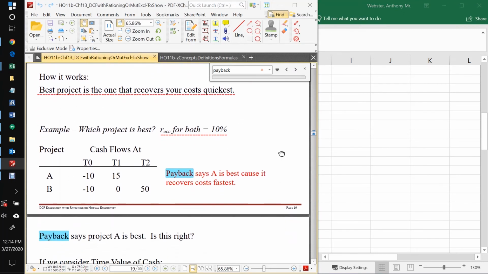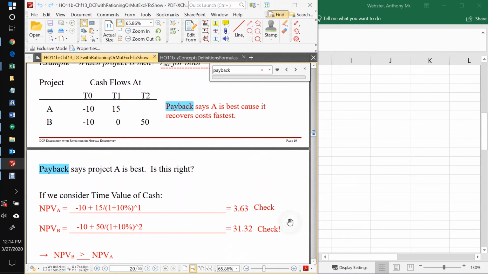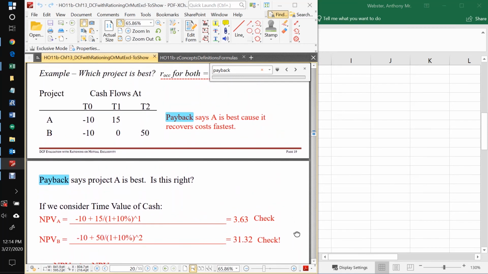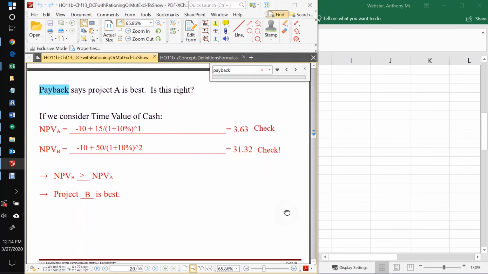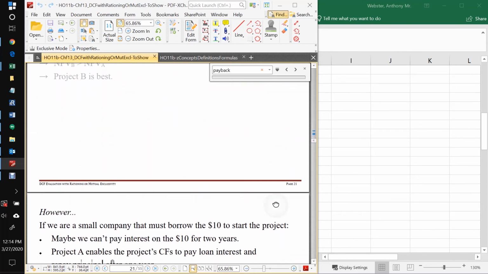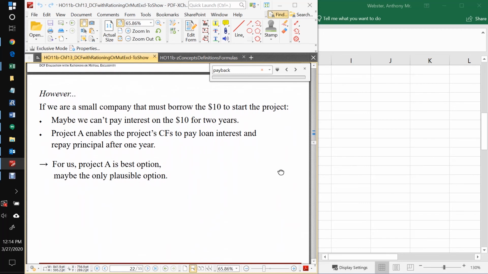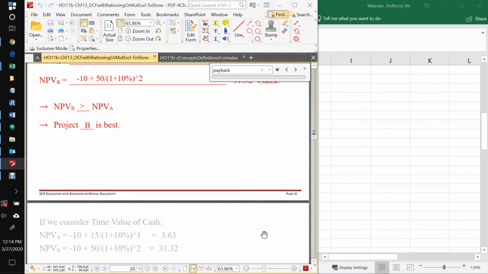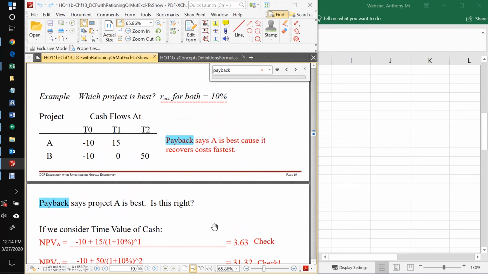So let me just poke through here. We go through this example showing payback says one project is better and NPV method says another project is better. And then down here, we say, however, if we're a small company that needs to borrow money and pay it back at a time certain, like, for example, the end of 1 year, they could do project A, but they couldn't do project B because their loan comes due and they go bankrupt.